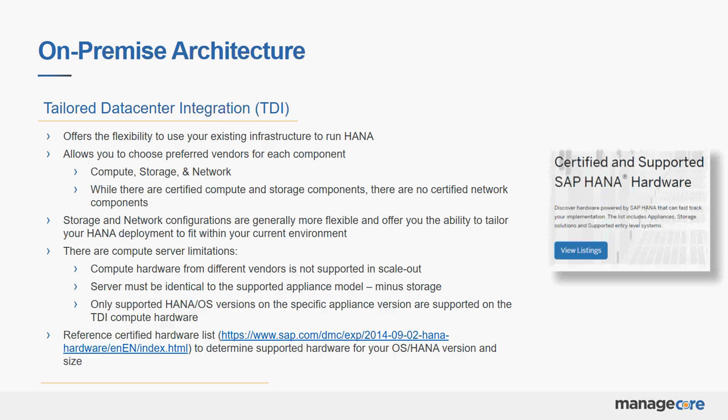The storage and network are generally more flexible in the TDI model. So, for example, if you were to order an appliance, depending on the size, it would come with a specific disk configuration. As an example, it may be 10 disks of a certain size that comes with this specific appliance.